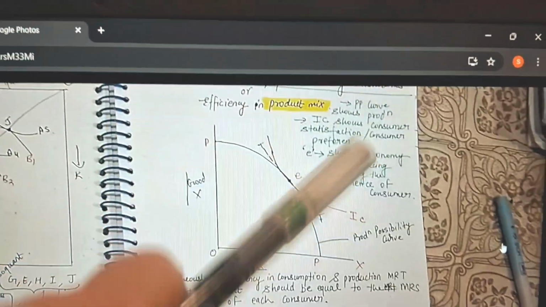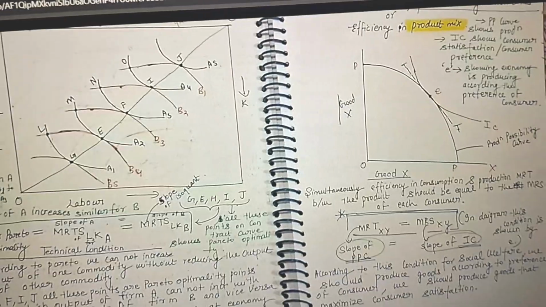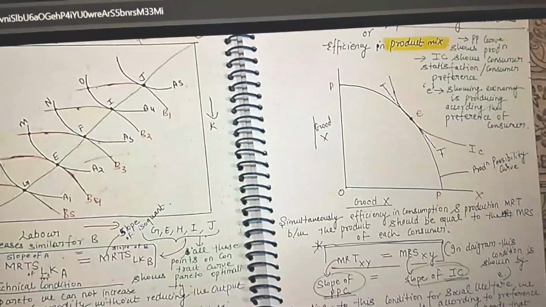So this diagram is explaining the first and second conditions, consumption and production.